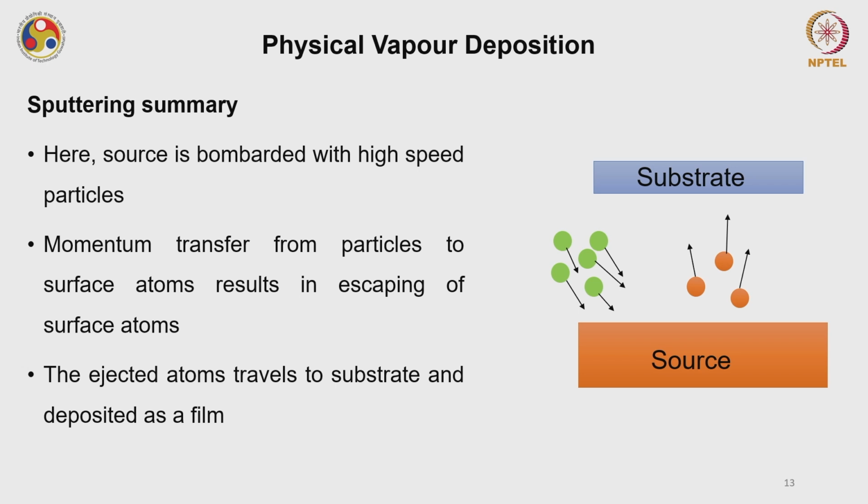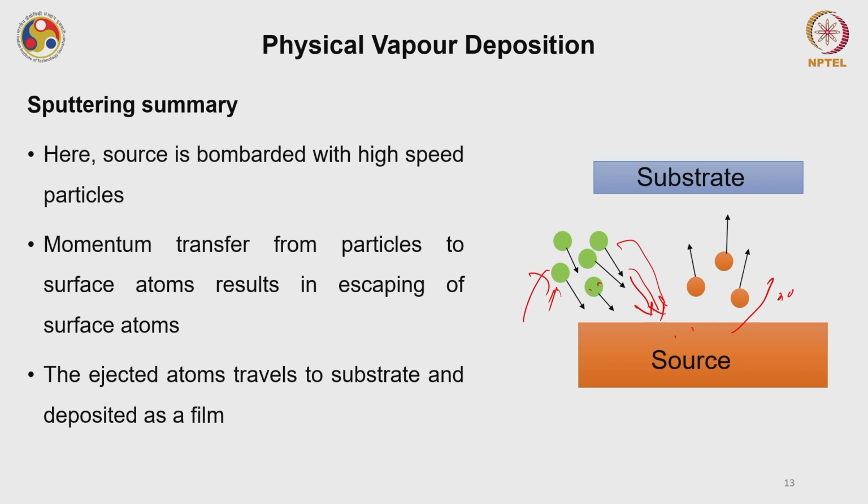If I tell you this complete process in brief, the source is bombarded, as you can see, with high speed particles. These green particles are atoms bombarding the source. When these particles hit the source, some of the atoms from the source get dislodged, because there is a momentum transfer from this high energy particle to the source.